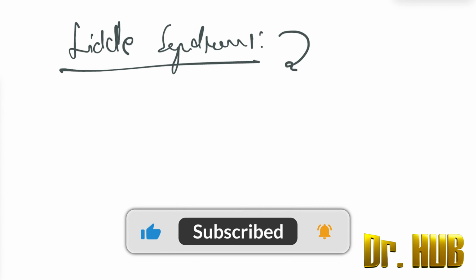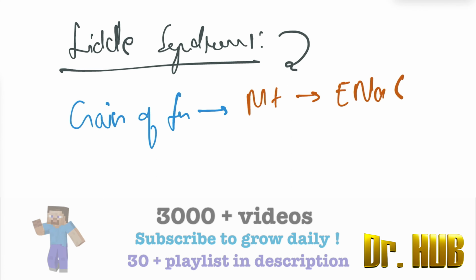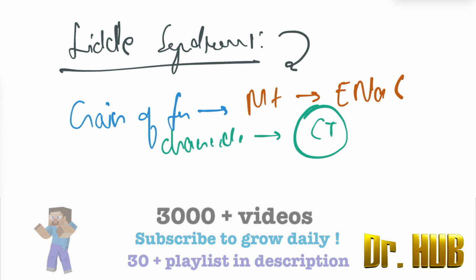The mechanism is that there is a gain of function mutation of the ENaC channel in the collecting tubule. So Liddle syndrome is an issue with the collecting tubule.